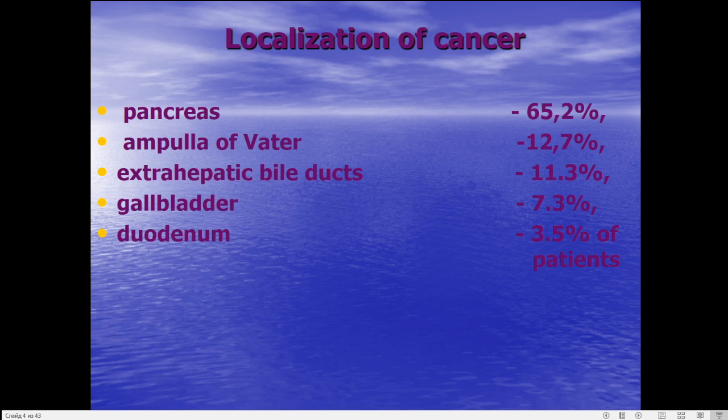Localization of cancer of pancreas. Pancreas 65%, ampulla of Vater 12.7%, extrahepatic bile ducts 11%, gallbladder 7.3%, duodenum 3.5% of patients.